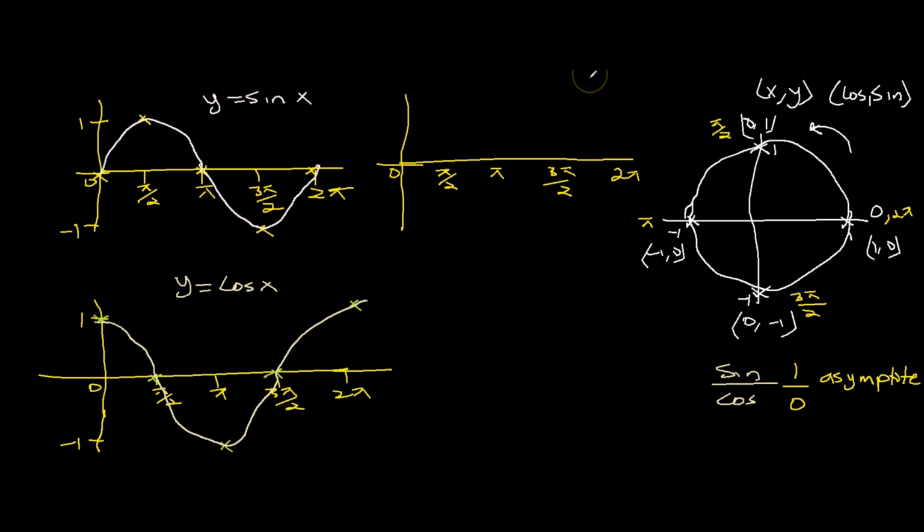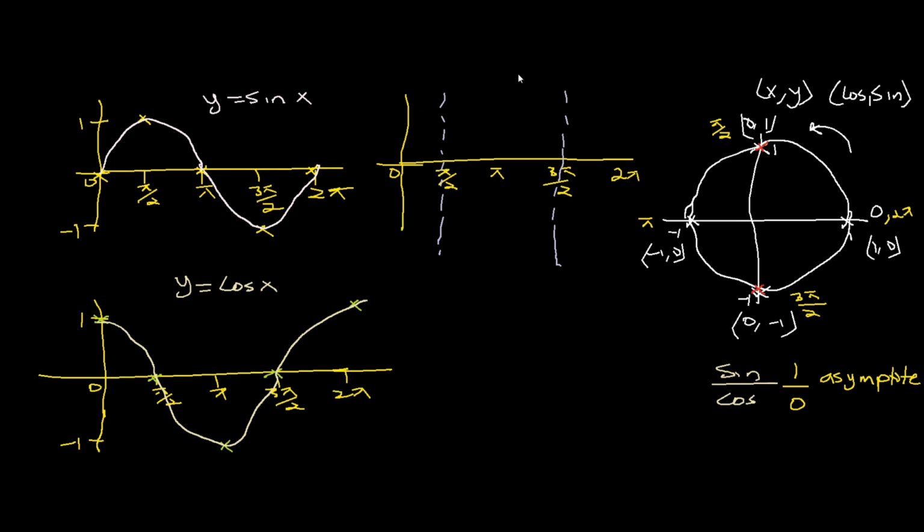So you can see just by looking at the graph that your asymptote will generate at pi over 2 and 3 pi over 2. Let's draw our asymptote at pi over 2 right here and 3 pi over 2 right here.